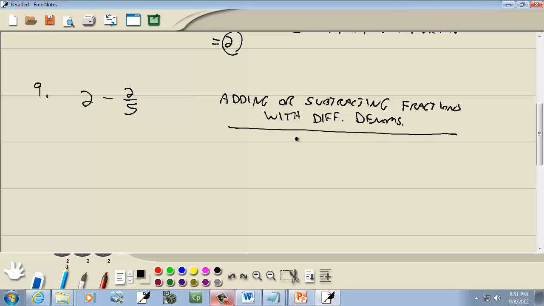So adding or subtracting fractions with different denominators. Well, our first step, figure out the LCD and rewrite each fraction with that denominator.